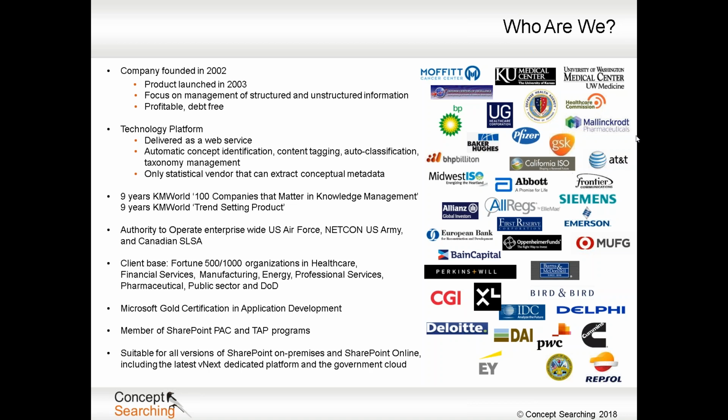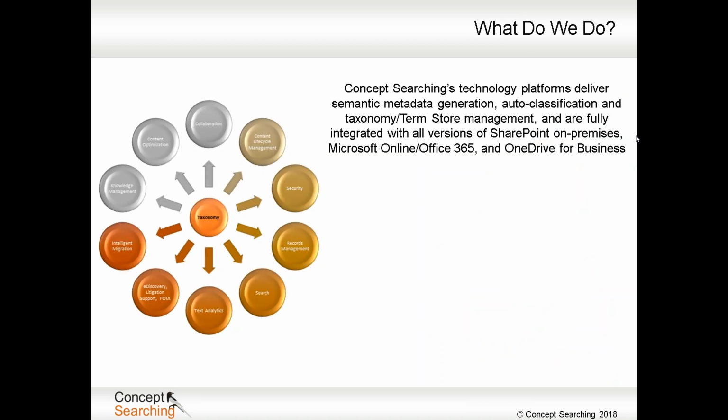But over the years, we stopped providing pure play search and started focusing on content classification. The reason for this is that we found that our unique algorithm was really good at helping people figure out what their content is about. And over the last 15 years, we've won a number of awards and acquired a lot of large organizations as we help them to classify their content and make sense of their information.